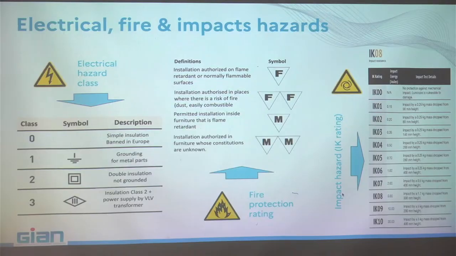For example, in bathrooms and things like that, nearby the water areas, you need to use this kind of double insulation. And class 3, this is only for DC low voltage up to 48 volt protection. That means here you don't have really serious hazards if you touch.